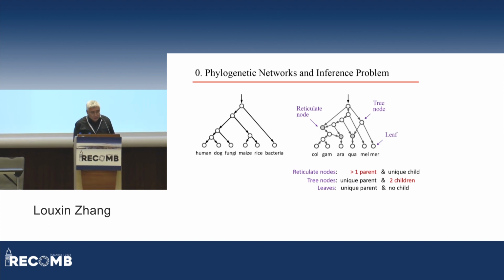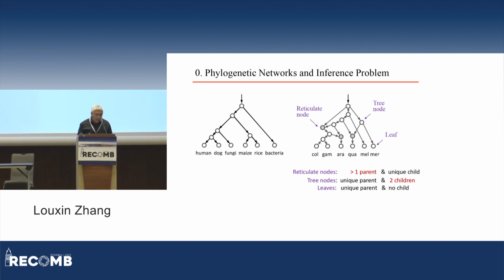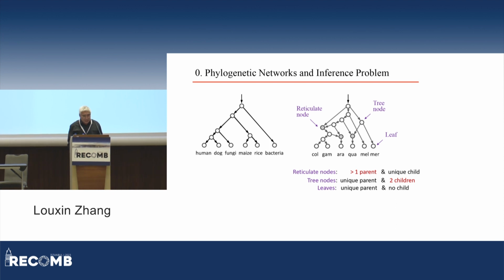The phylogenetic tree has been used for over 200 years. But phylogenetic networks are more useful than trees to describe and visualize hybridization, recombination, and horizontal gene transfer events.